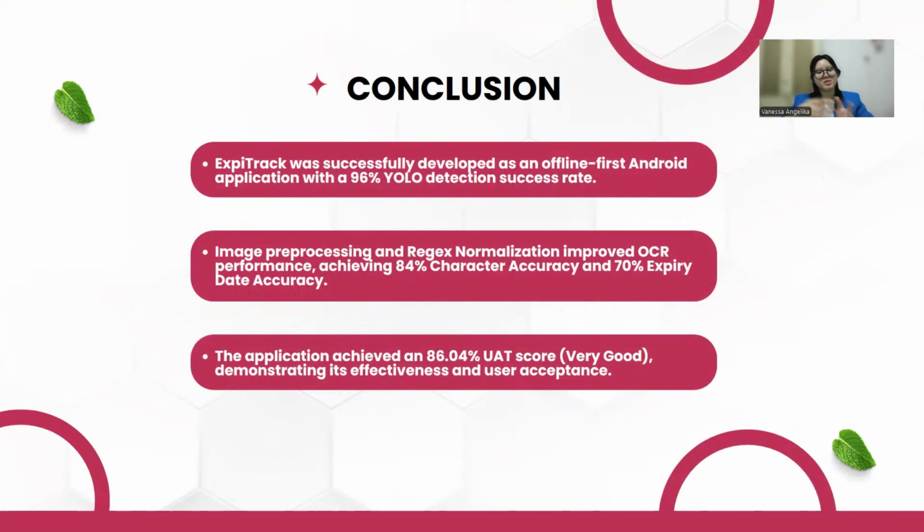The proposed system achieved a 96% detection success rate, 84% character accuracy, and 70% expiry date accuracy. Furthermore, user acceptance testing resulted in an overall score of 86.04%, indicating that the application is effective and well accepted by users.